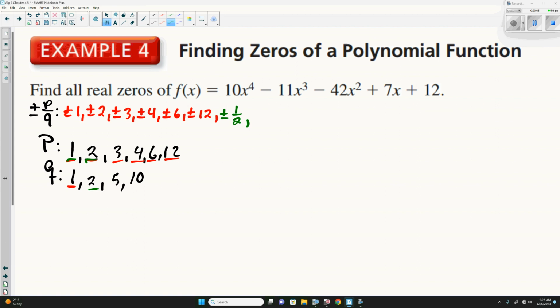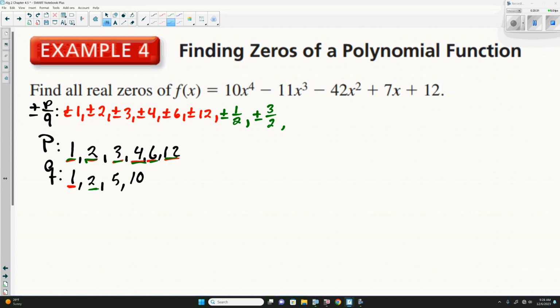Yeah, we don't write it again. 3 over 2 is 3/2. It's not listed, so we have to put it up there. The next one, 4 over 2 is 2. It's already listed. 6 over 2 is 3. 12 over 2 is, we already have those. We don't have to list them.